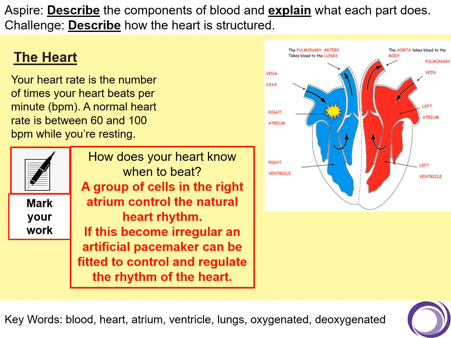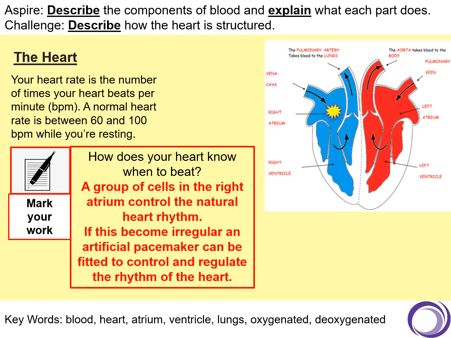So the answer to the question, how does your heart know when to beat? In your heart, you have a group of cells that are located in the right atrium. That is shown as a yellow star on the diagram. And that controls the natural rhythm of the heart.